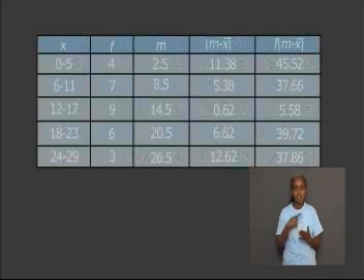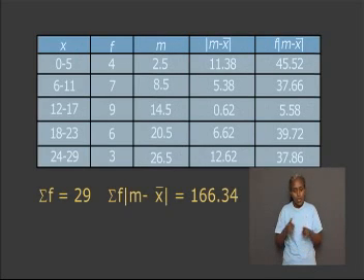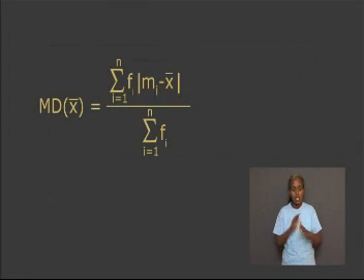The next step is to multiply the deviations by the frequency. When we add these numbers together, we get 166.34. The total deviation about the mean divided by the total frequencies is the mean deviation about the mean.